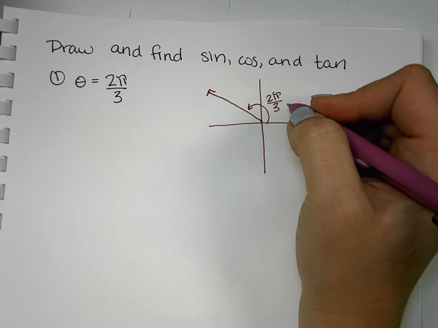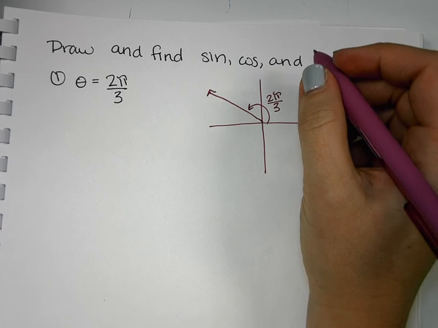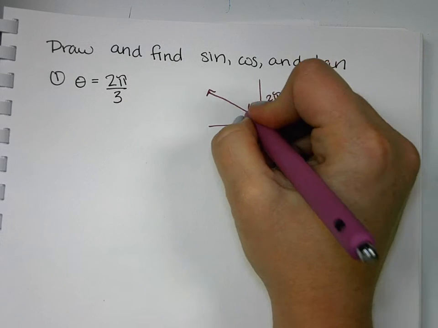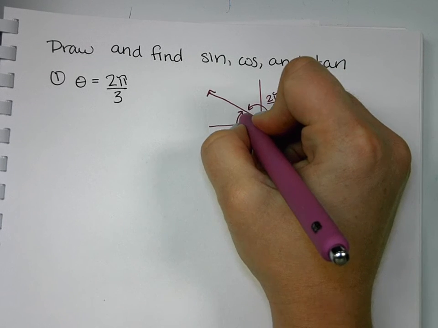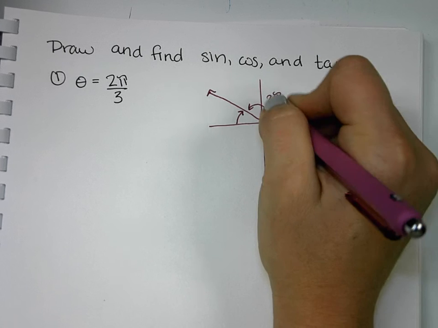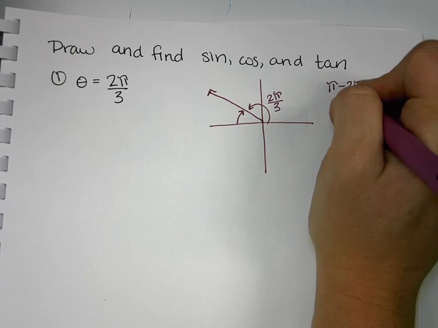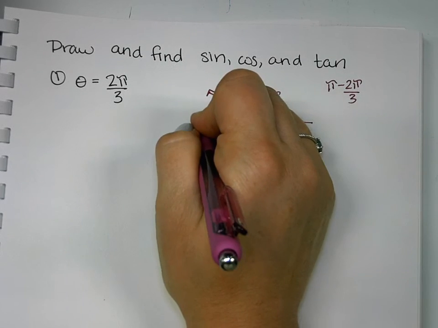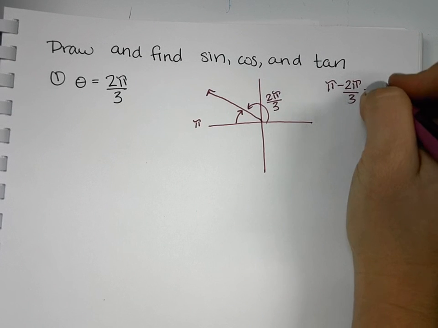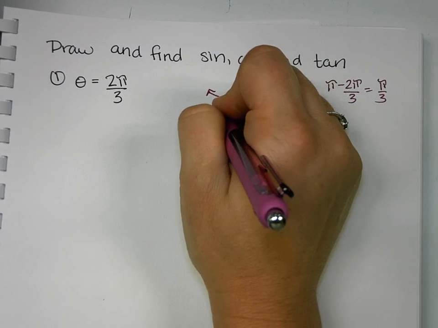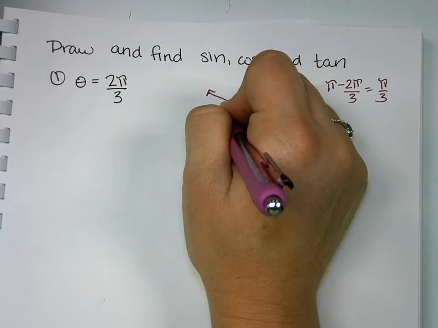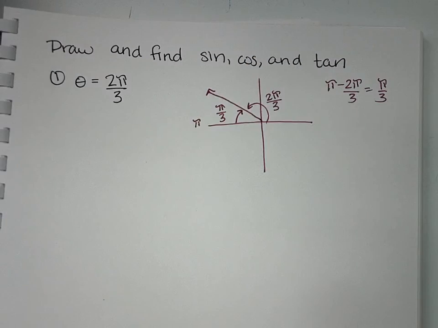You might think of it as, let's see, 2 pi over 3, which means this reference angle here is, in order to make pi, pi minus 2 pi over 3, because remember in radians this is pi. I'd get pi over 3. So I know my reference angle is pi over 3. Pi over 3 is equivalent to 60, so I have a reference angle of 60.